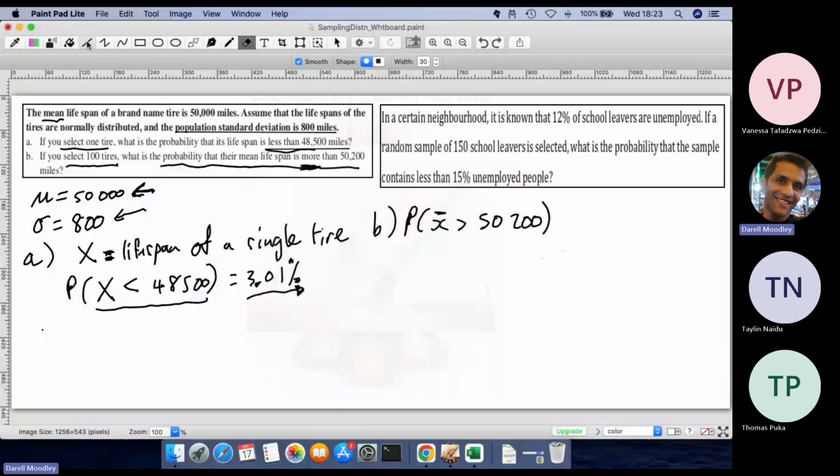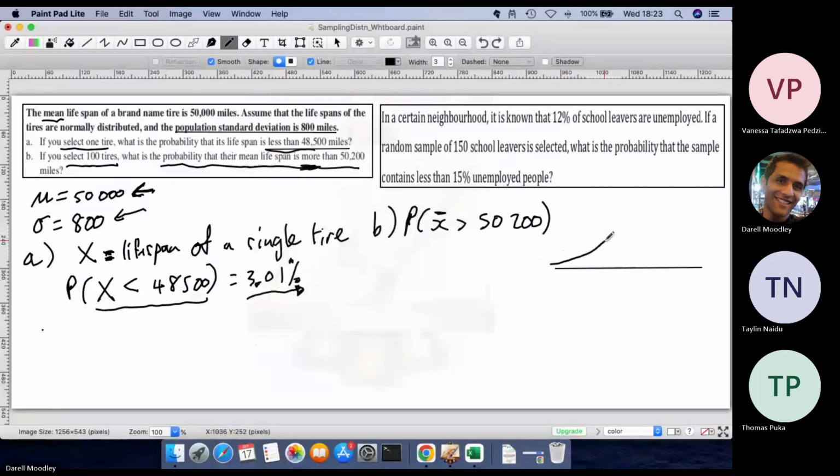So in other words, to solve this visually, you've got this distribution of X bar. Now it's X bar on this axis. 50,200, so there's 50,200 here.